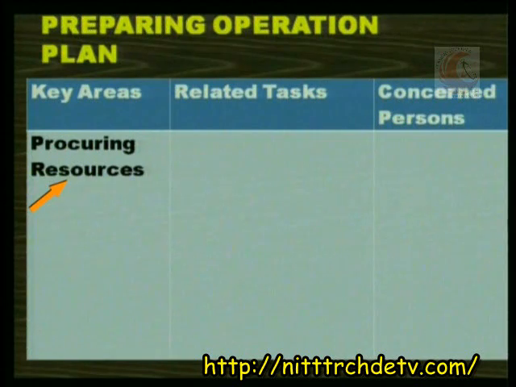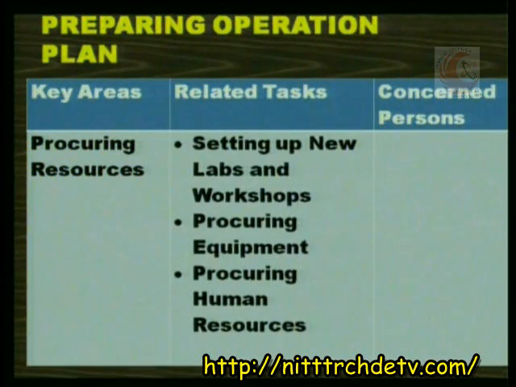Let us identify another key area, such as procuring the resources. This again is a very important area that involves a number of activities. The related tasks connected with this key area are setting up new labs and workshops. Sometimes the curriculum stipulates that some new labs will have to be set up, some new workshops have to be set up.